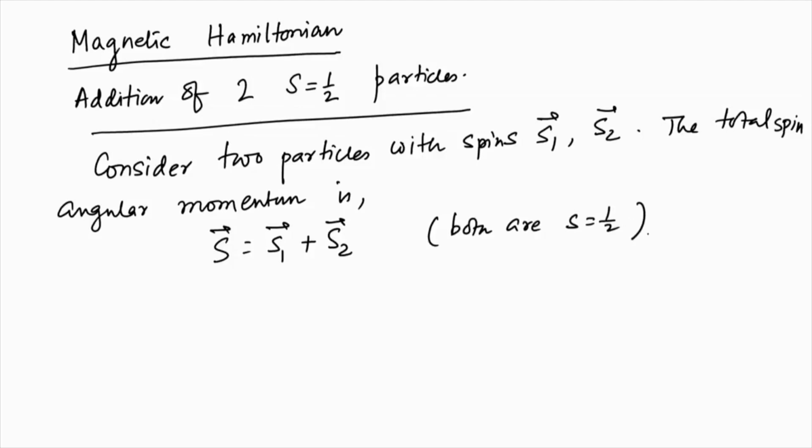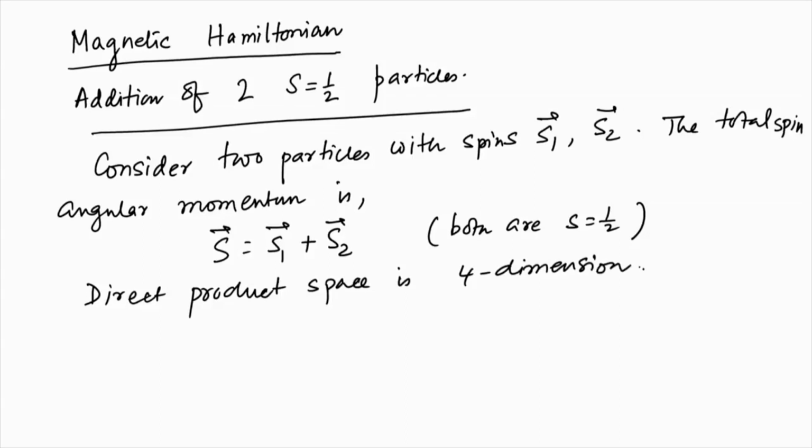Now, the direct product space is 4-dimensional, and we can use the S, MS basis for each.